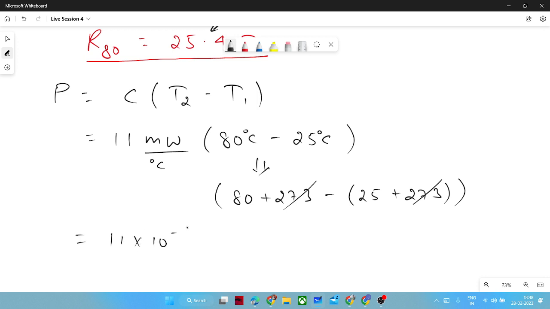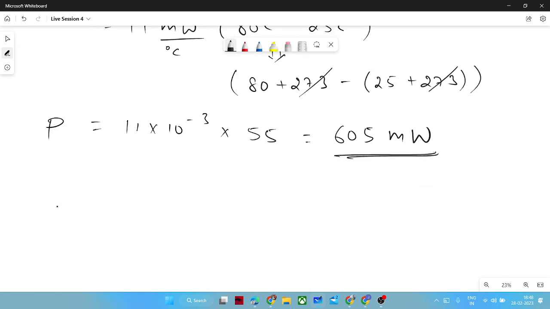11 into 10 raised to power minus 3 into 80 minus 25, that would be 55, right? So it will come out to be 605 milliwatts. So this much power dissipation is occurring at 80 degrees centigrade with that thermistor, right? This is power loss.